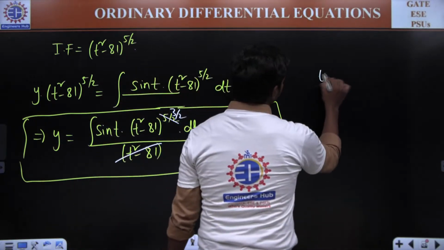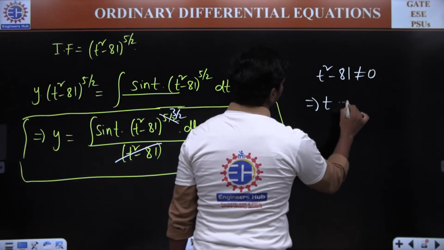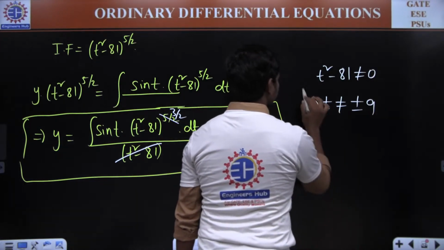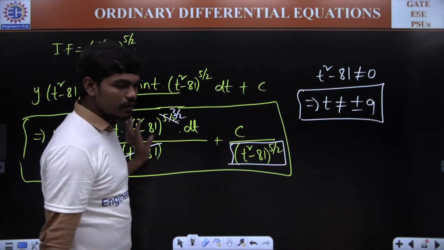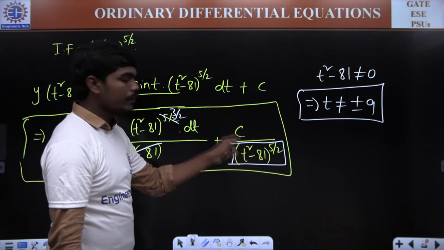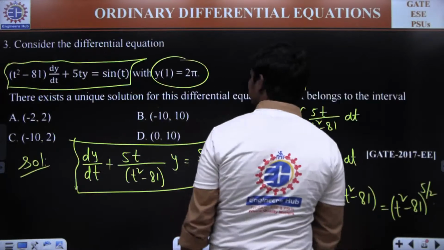Which means t² − 81 should not be equal to 0, which means t should not be equal to ±9. This is the condition for which this term exists finitely and we'll get a unique solution, because c will be given a finite value when the boundary condition is substituted, which is given as y(1) equal to 2π something.